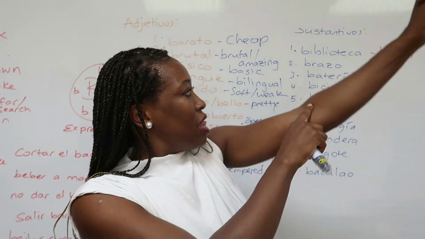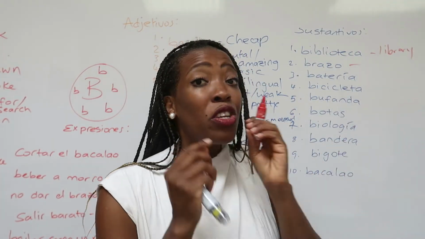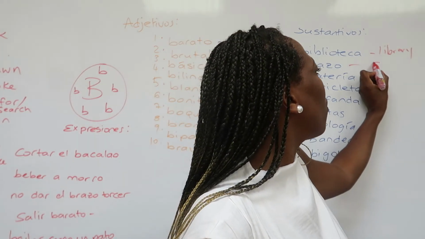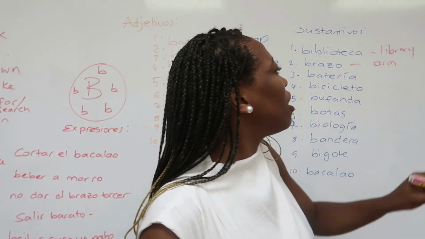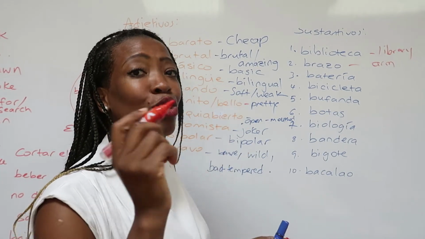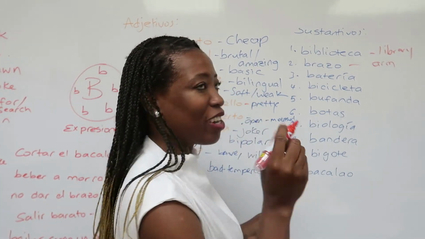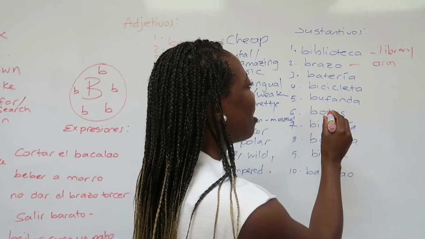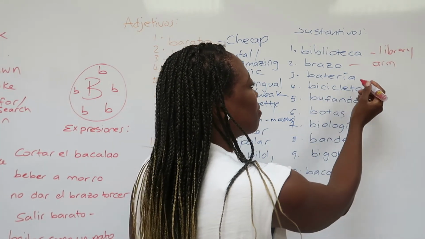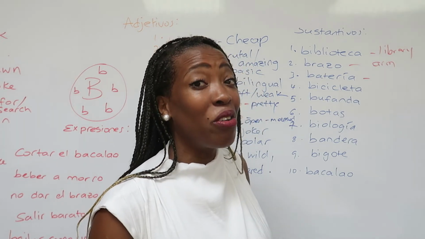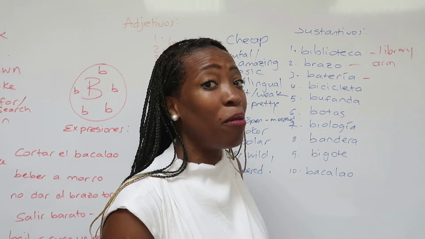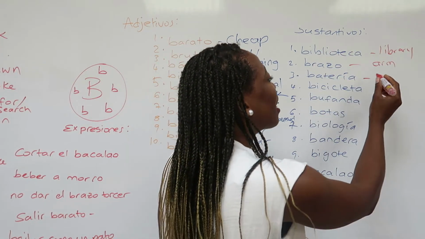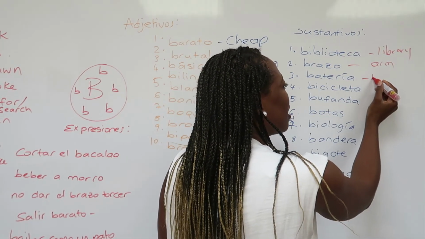This brazo, when you do parts of the body, you would have seen this, which is your arm. I am not writing well. Let's try with the right hand to see how that turns out for us. It can't be worse. Okay, bateria. We know this word because we are obsessed with our batteries running out nowadays. We cannot be without battery. So battery.